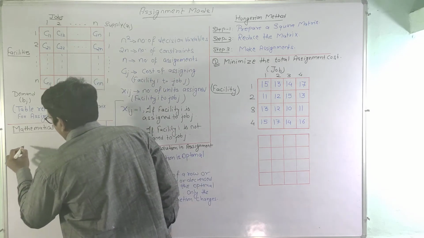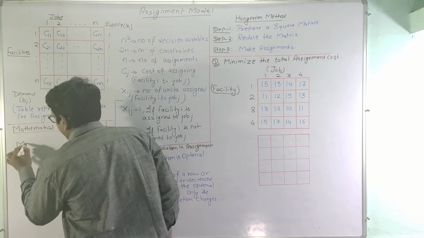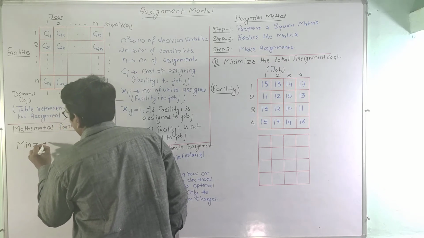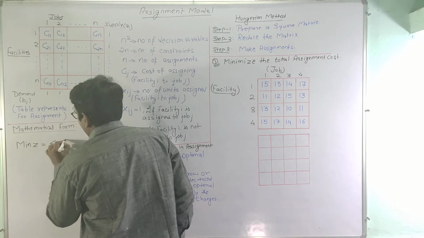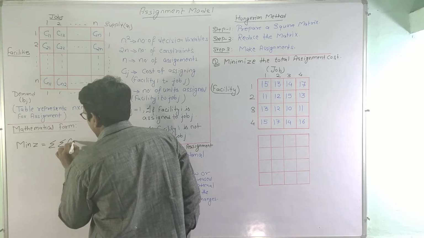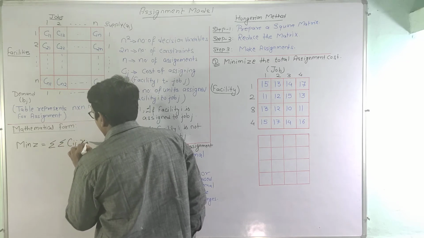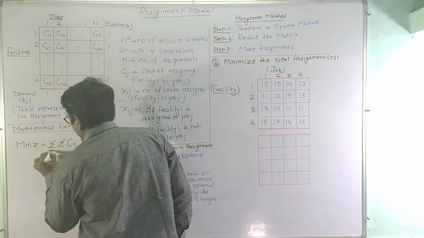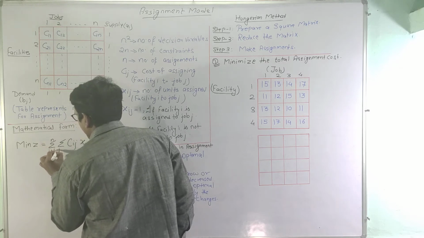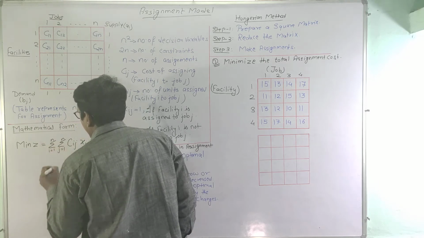And as we move further, the mathematical representation of this can be shown as: our objective is to minimize z. Minimize z is equal to the summation of Cij Xij, where i is equal to 1 to n, j is equal to 1 to n.